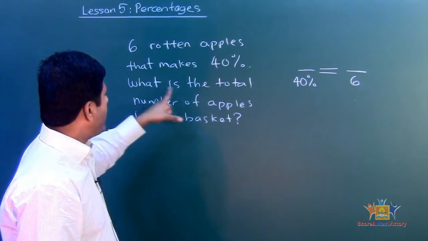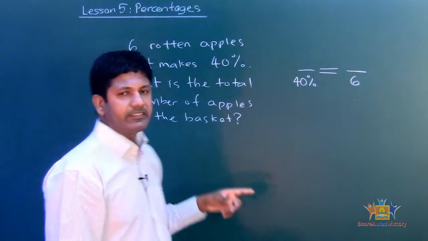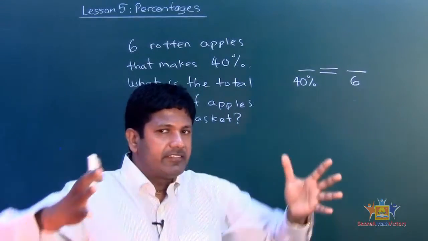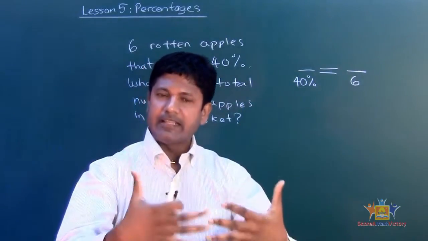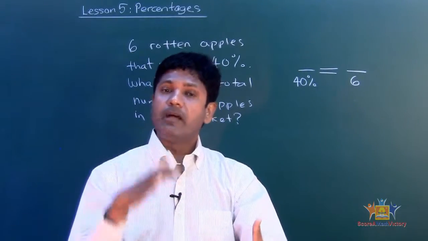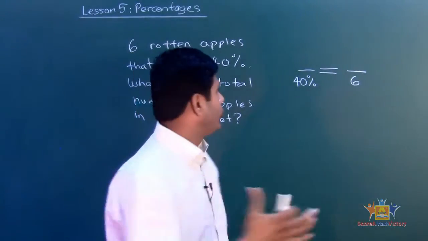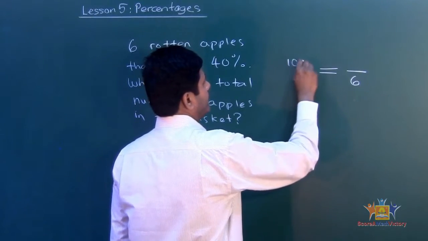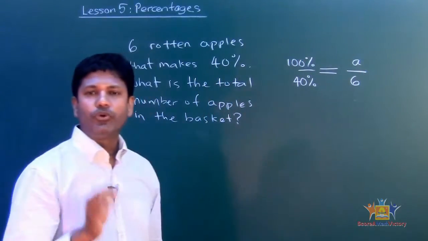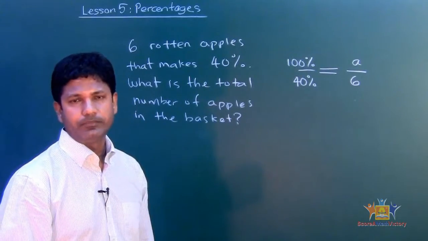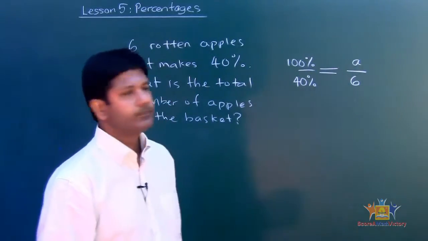And they want to know the total number of apples in the basket. That means how many percent is that? 100%. The 100% inside the basket is the total number of apples, but we don't know the number. So we're looking for A.